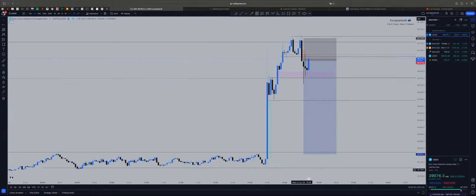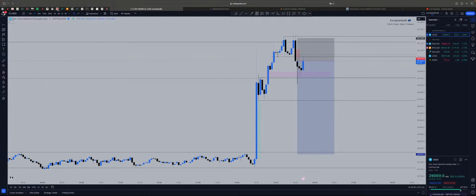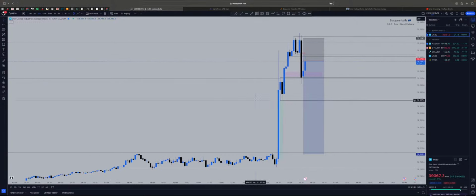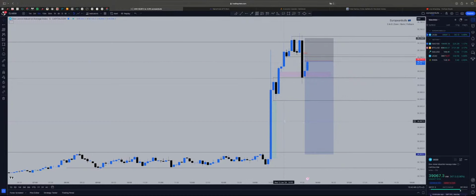We'll see if the price managed to close. If this candle managed to close bullish, I'm gonna put my take profit to entry. Until then, you have to keep calm and see what happens.